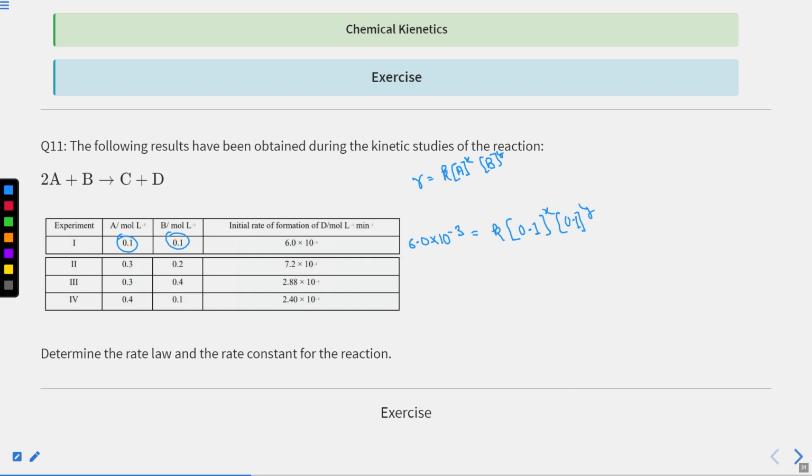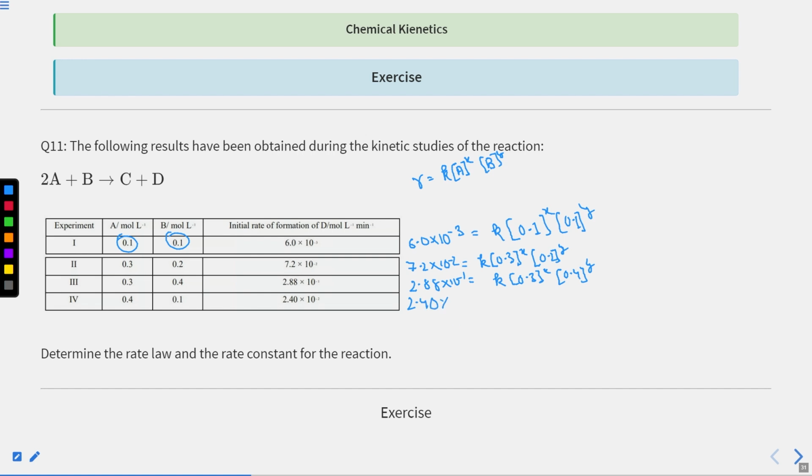For the second we can write 7.2 × 10^-2 = k (0.3)^x (0.2)^y. After that, 2.88 × 10^-1 = k (0.3)^x (0.4)^y.